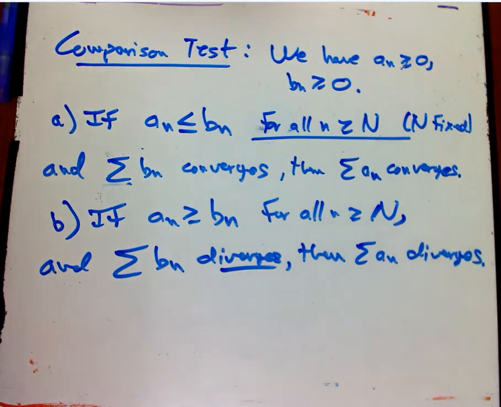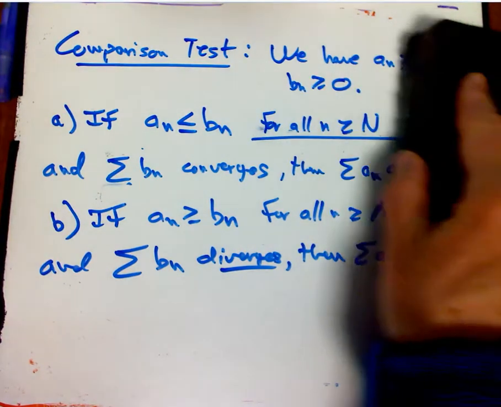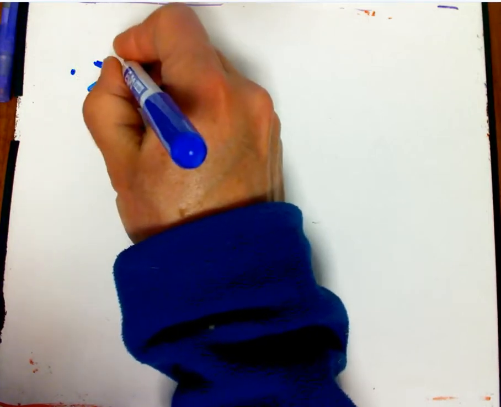So better than good is good, worse than bad is bad. There's nothing sacred about a's and b's, but we're going to use that terminology if we need to refer to the complicated series we're trying to analyze and the reference.